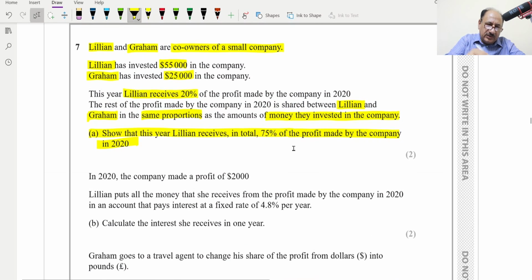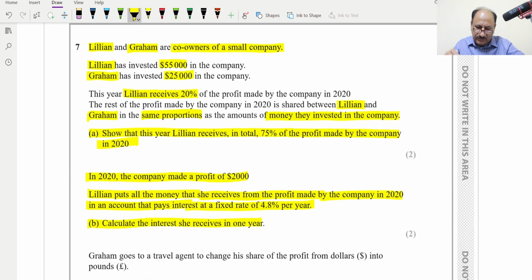Now for the next part, it says in 2020 the company made a profit of $2,000. Lillian puts all the money that she receives from the profit made by the company in 2020 in an account that pays interest at a fixed rate of 4.8% per year. Calculate the interest she receives in 1 year.